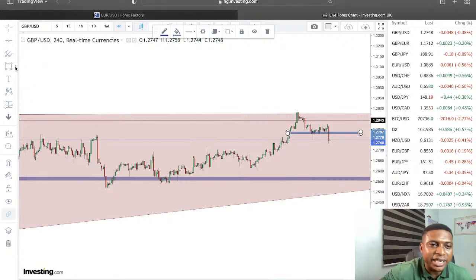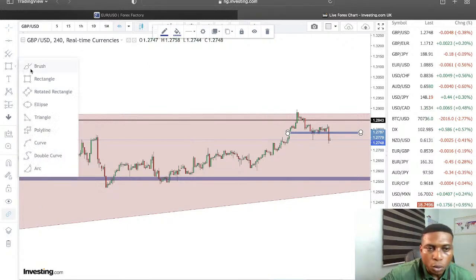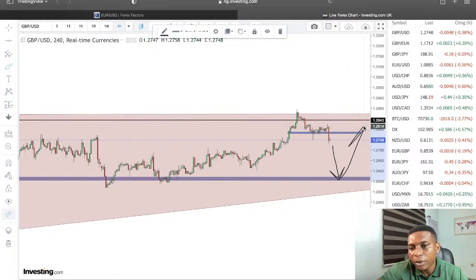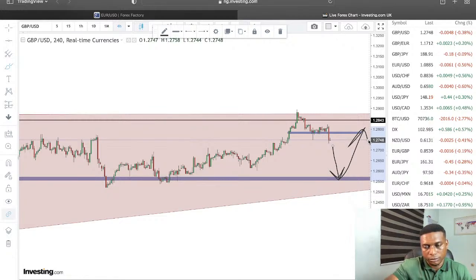So like I said earlier, on the higher time frame, we might see price dropping up until this level before picking up back again.